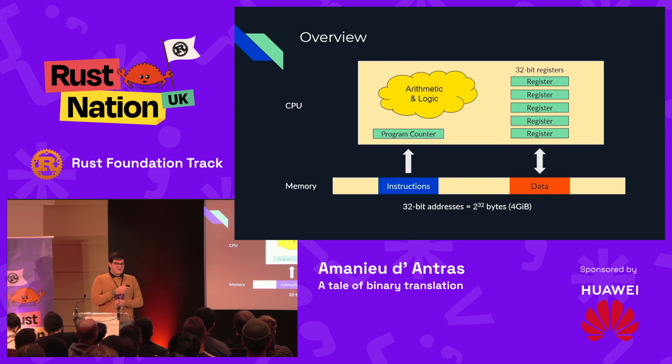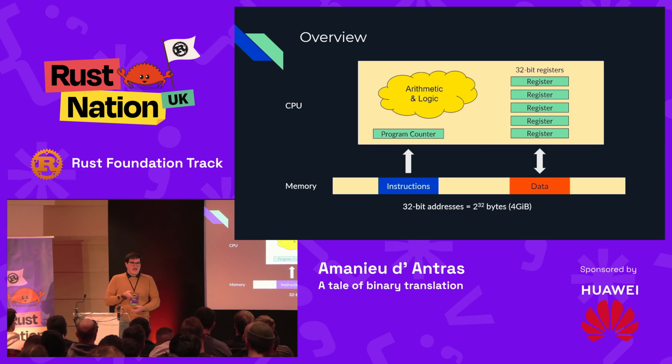So the CPU basically reads some instruction bytes from memory, decodes them into an instruction, and then it will perform whatever operation is described by this instruction. Operations are typically add the values of two registers together and put the result in another register, or load some bytes from memory and put them in a register, or take a value in a register and write it to memory.